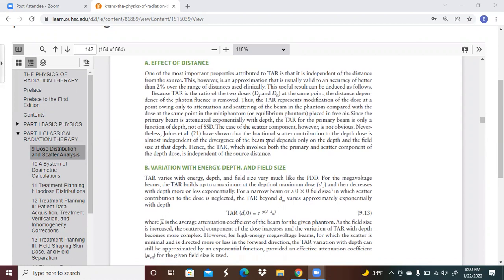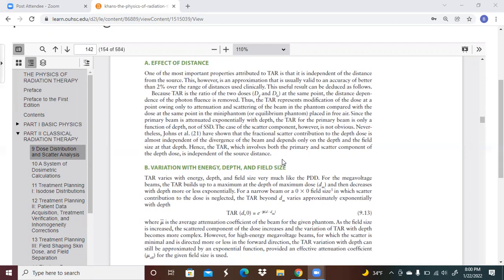So it represents a modification of the dose at a point owing only to the attenuation and scattering of the beam in a phantom compared with the dose at the same point in a mini phantom or equilibrium phantom placed in free air. Since the primary beam is attenuated exponentially with depth, the TAR for the primary beam is only a function of depth and not of SSD.